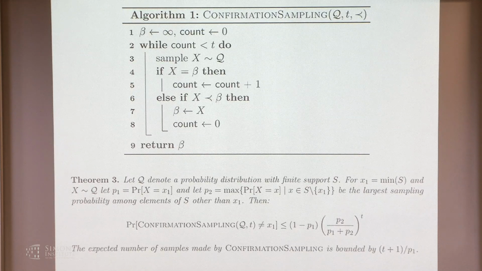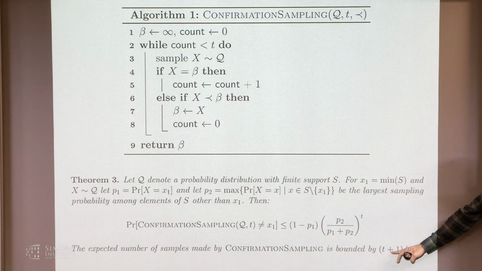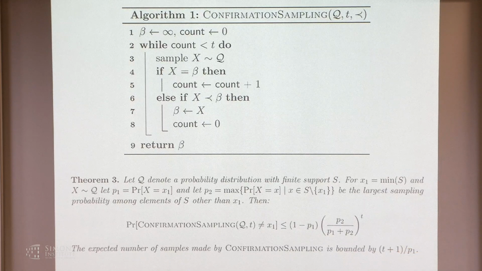Okay. How long does this take? The latest time that we are going to terminate is the time when we have sampled x1 t plus 1 times. Maybe we get false confirmations and we terminate earlier, but no later than the time we sample x1 t plus 1 times. This happens after (t plus 1) over p1 steps in expectation.